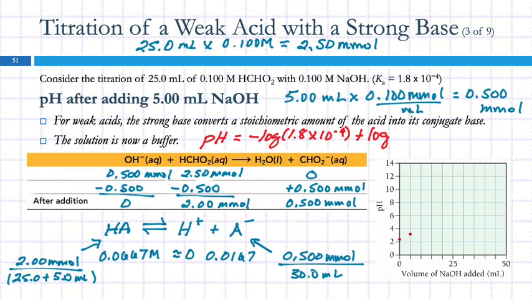So this is the base concentration, 0.0167, and the acid is 0.0667. Getting 3.14. Any questions?